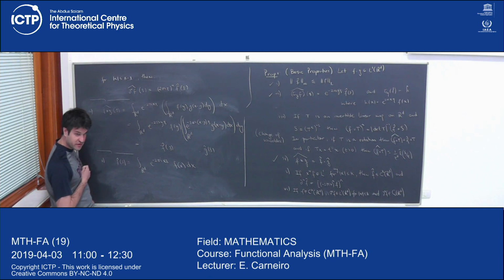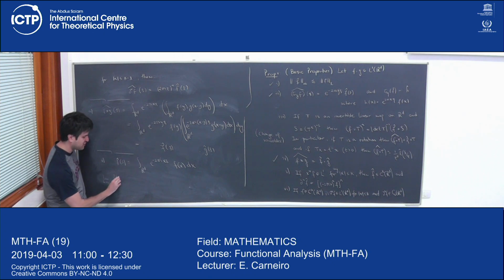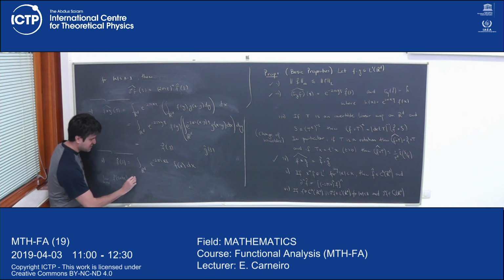Suppose you want to take one derivative here of this guy. You want to know if the derivative in the direction of, let's say, the first variable exists. So you would take the limit of h goes to 0 of f hat of ξ plus h times e1, let's say this is the first coordinate, minus f hat of ξ, and divide by h.